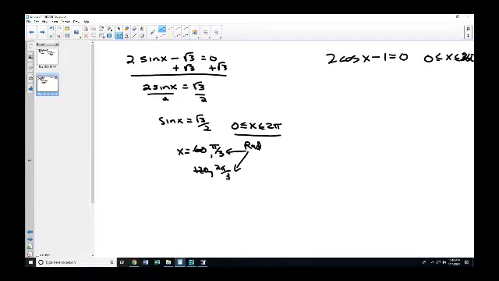What's that number at the end? 360. Okay, just make sure. It's 1/2, cosine, cosine 1/2, which is 60 degrees, 300 degrees. 60 degrees, 300 degrees.